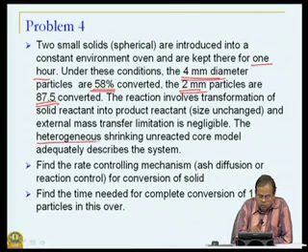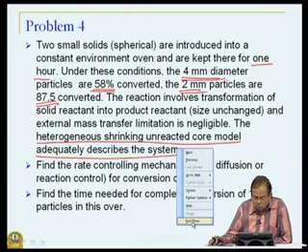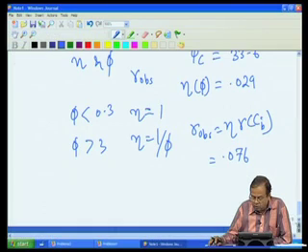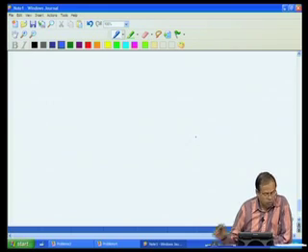This is important because this is given to us. So, we immediately know what is the time required for complete conversion if we take all the three phenomena.